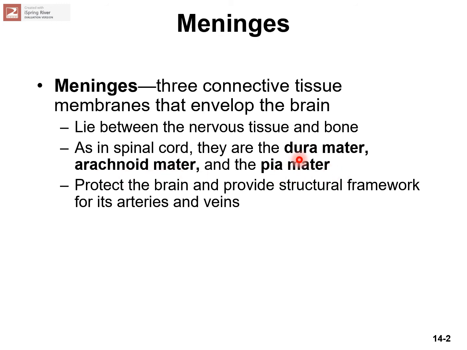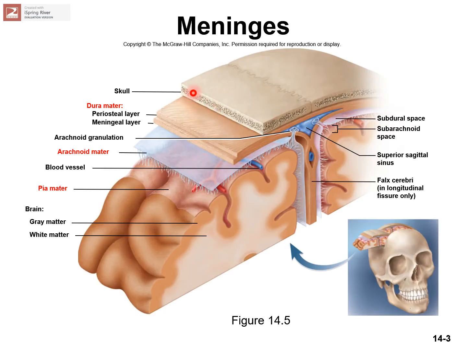So the brain contains 2 layers of dura mater that we'll look at in just a second. The main job of meninges is obviously to provide the structural framework to the brain and protect the brain. So we see the skull, which is the hard bony tissue surrounding the brain.